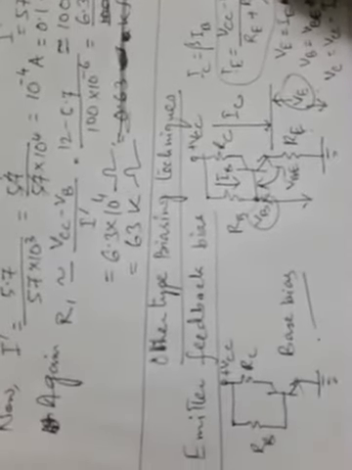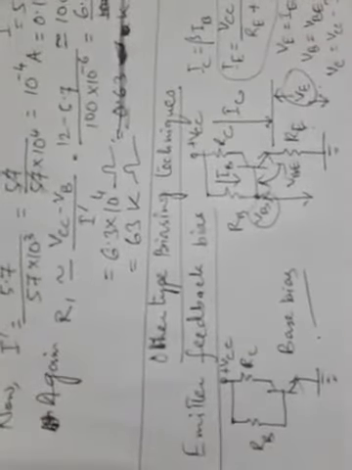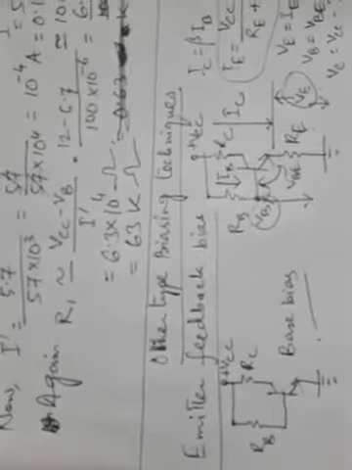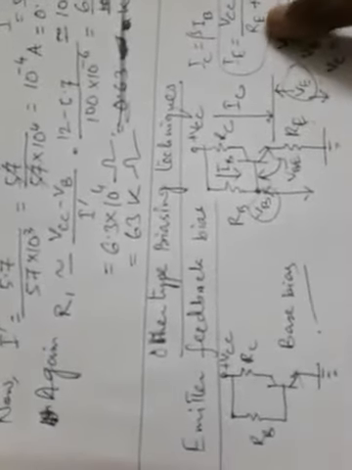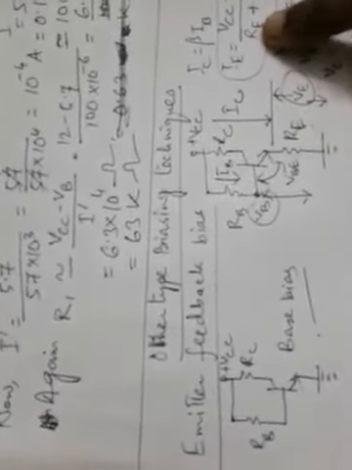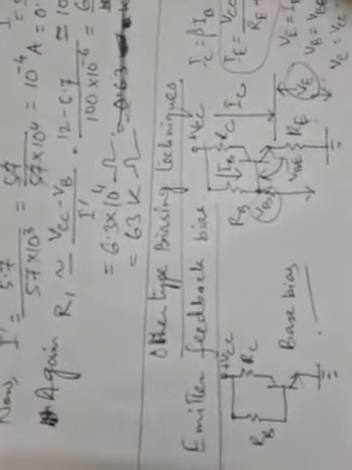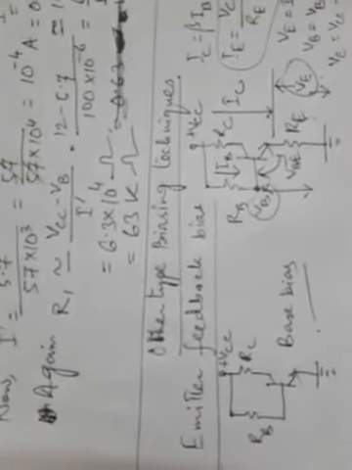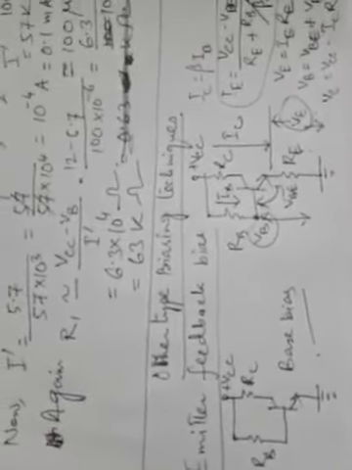And in practical circuits, a designer in fact cannot select RE large enough to leave out the effects of beta DC without cutting off the transistor.